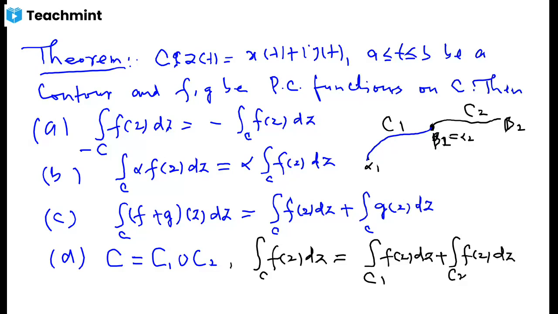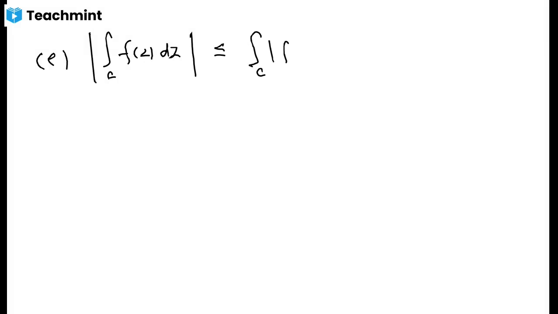And another important thing, the proof of which I will tell you here, is the estimate of the modulus of the line integral. This is the integral of f of z dz over C. The estimate of this is given by this relation.